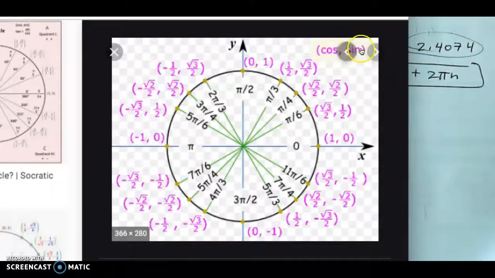Remember, sine is the y values. So we see it's positive radical 2 over 2 in these quadrants. Here, sine is negative radical 2 over 2, which is 5 pi over 4. And here, sine is negative radical 2 over 2, which is 7 pi over 4. And so those will be our answers, 5 pi over 4 and 7 pi over 4.